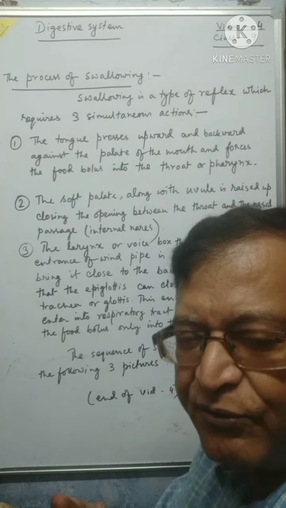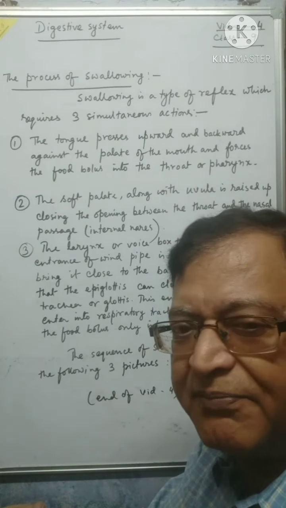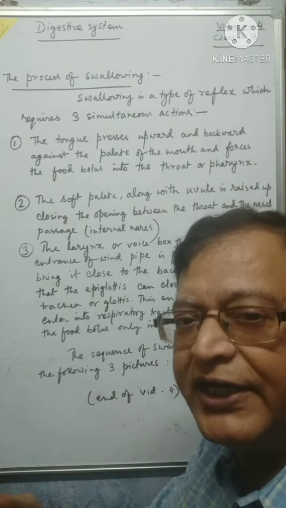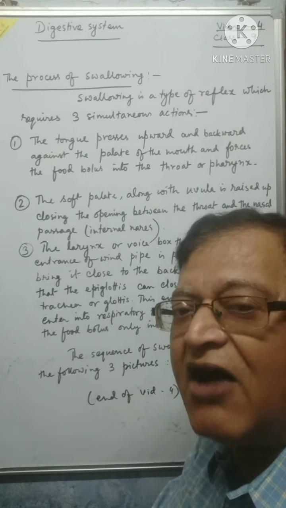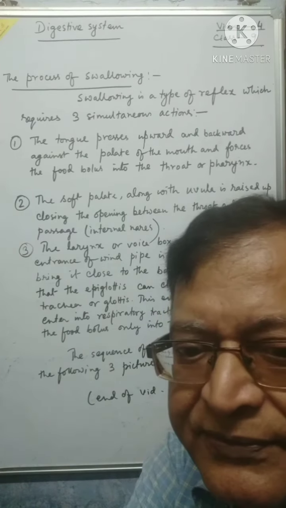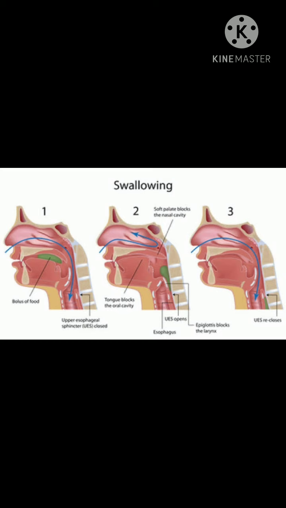That will be the end of video number 4, and we'll continue the digestive system afterwards in another video. This is the picture sequentially given, 1, 2, 3. See, the green color one is the food bolus, and the blue color line shows the passage of air. See how the food bolus is only passing into the esophagus.